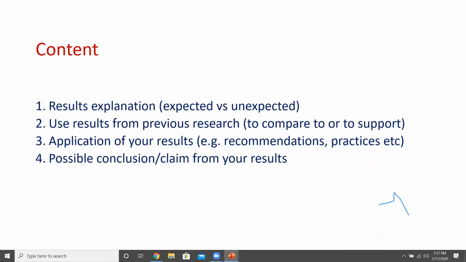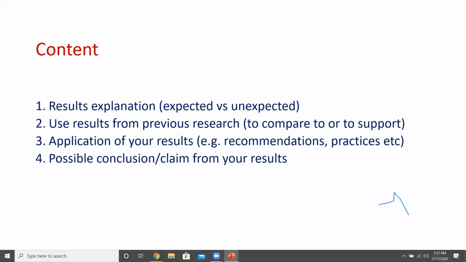Number two, use results from previous research to compare to or to support. Why do we use results from previous research in the discussion section? Because you either want to compare your results to something from the past that has been circulating and say, our results show this and this compared to what has been seen in the prior research.